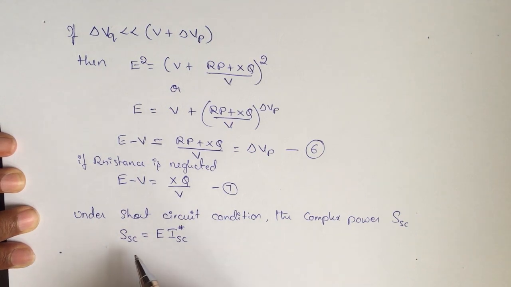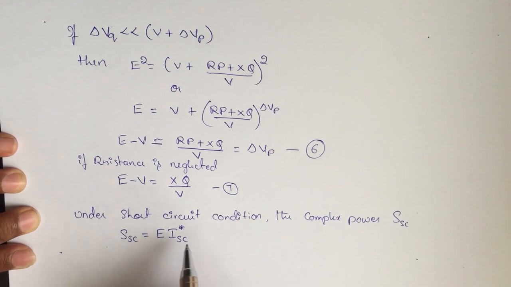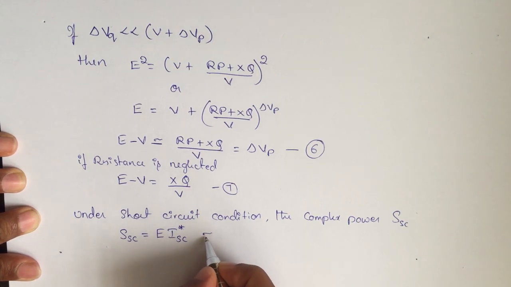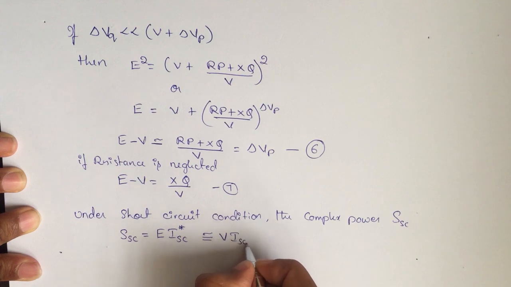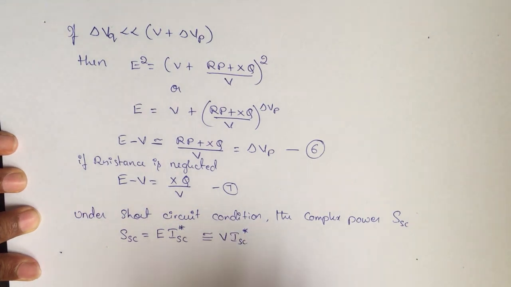Okay, complex power will be equal to V into I conjugate, right? Similarly, for short circuit we will be taking it as E into ISC conjugate, which is approximately equal to V into ISC conjugate, keeping that power remains the same from sending end to receiving end.